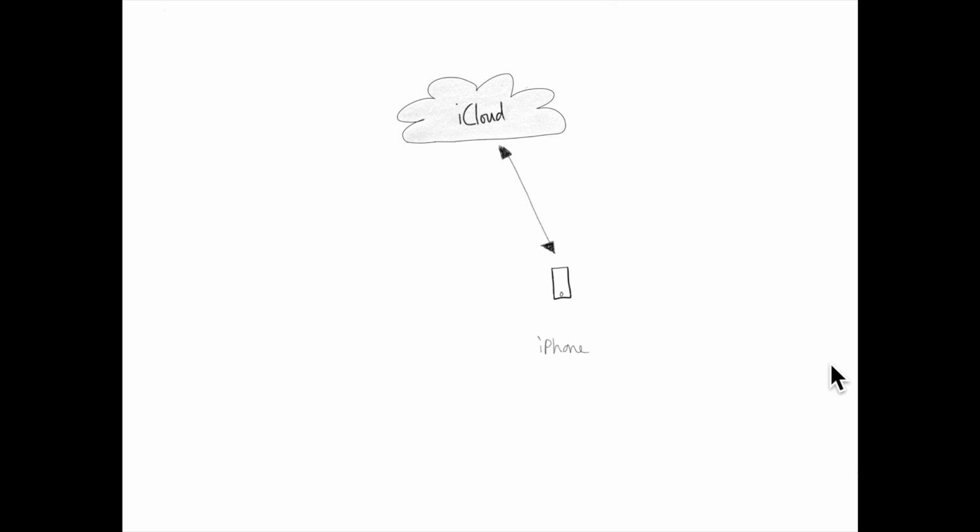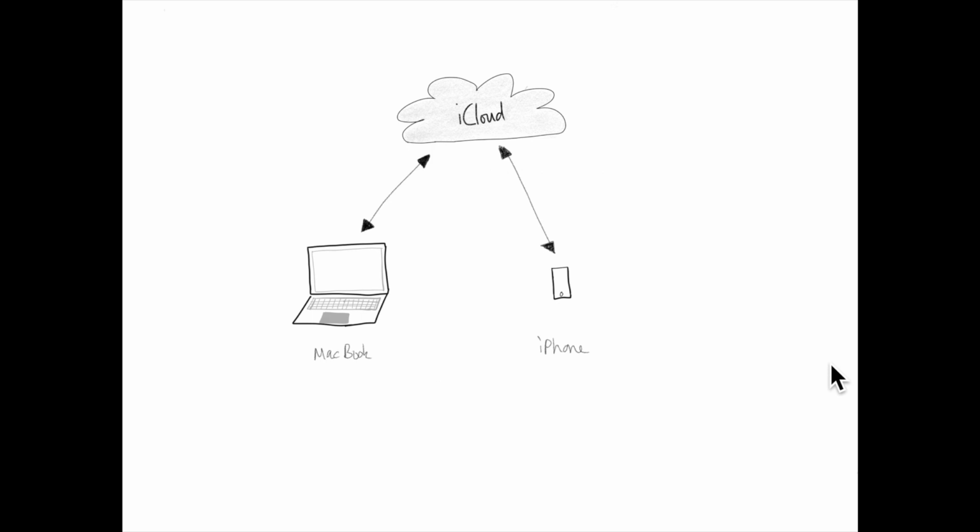So what happens is you have your iPhone, for instance, and you set up your iCloud account. If you tick off for photos or activate photos, all your photos, depending on your settings, but basically your photos and your content will be synced or uploaded up to iCloud.